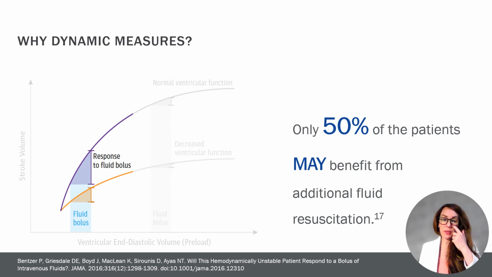And the question for us of do they need fluid, when we go back to the principle of fluid stewardship and we think about the dose of fluid, we want to assess to see if the patient is a fluid responder, and then we can say whether or not they are likely to increase their cardiac output in response to further fluid. Why is this so important? Because 50% of the time patients will be fluid responsive, which means 50% of the time patients won't be fluid responsive when they're hemodynamically unstable. That's what this literature is saying.